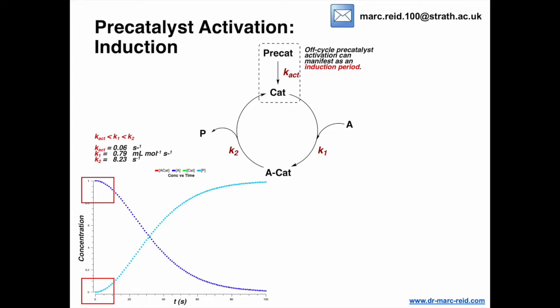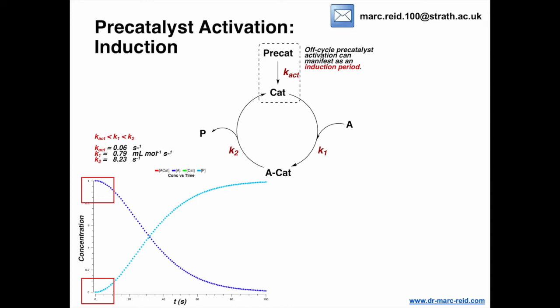Just like the steps in the catalytic cycle, this catalyst activation step has its own rate constant, denoted K-act. Whilst this precatalyst activation is not in the catalytic cycle, it does dictate the maximum rate of the catalytic reaction. After all, the precatalyst activation step dictates the concentration of active catalyst available.